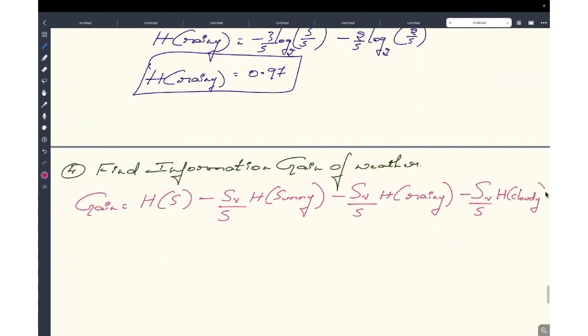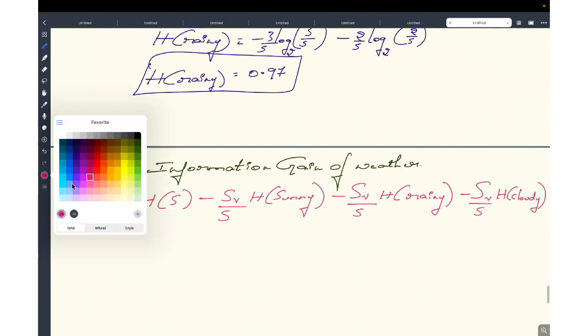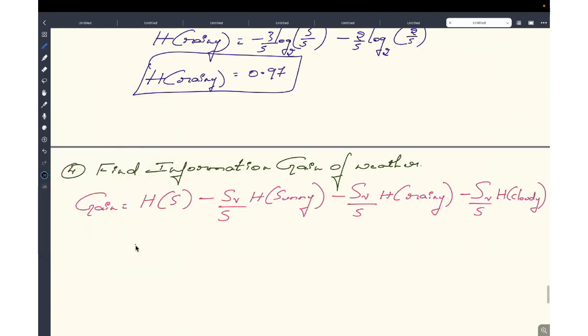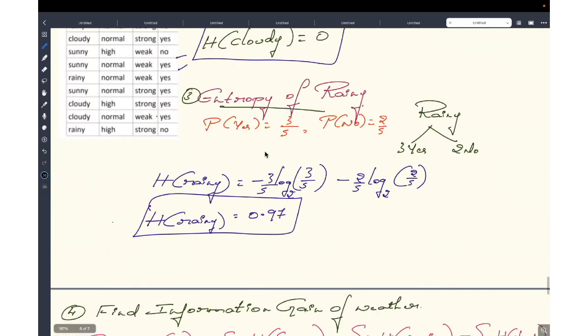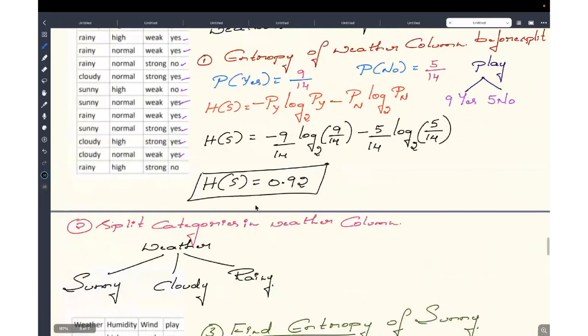Okay, we'll substitute. What is the overall entropy before the split? This is the overall entropy, 0.92.